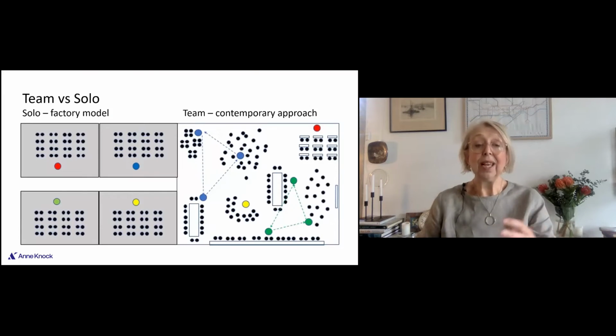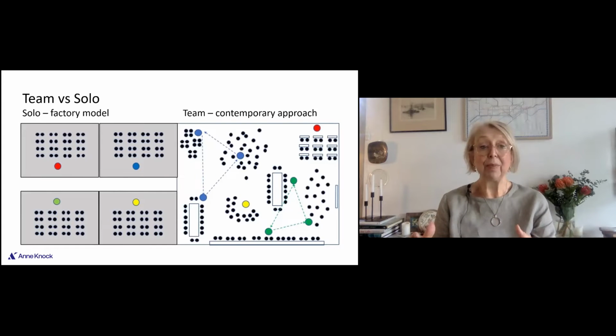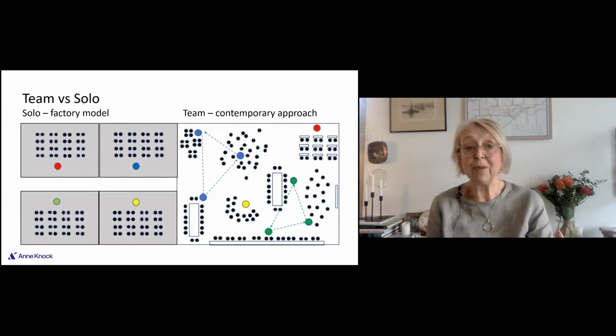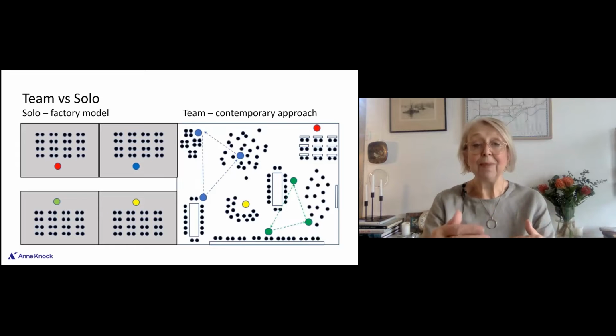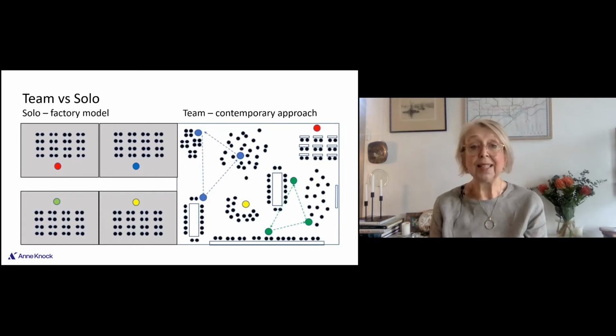Instead, we're looking at the contemporary approach. So the solo factory model on one side was one teacher, transmission model to many. The other side, you can see that there's multiple things happening. That teacher in the red dot is running a didactic class, while the yellow dot teacher might be facilitating a discussion, where the other teachers are roving around because the students are involved in self-directed learning.